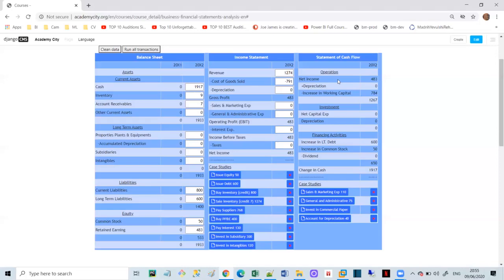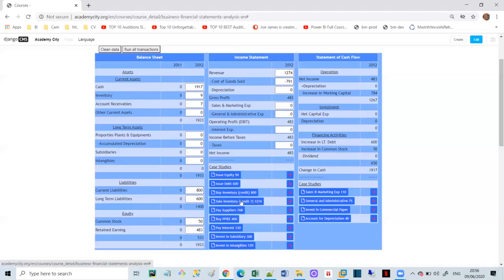Let me say it again. Working capital by accounting standard is current assets minus current liabilities. But for the purpose of the statement of cash flow, we subtract the cash from the current assets. So it is current assets not including cash minus current liabilities.